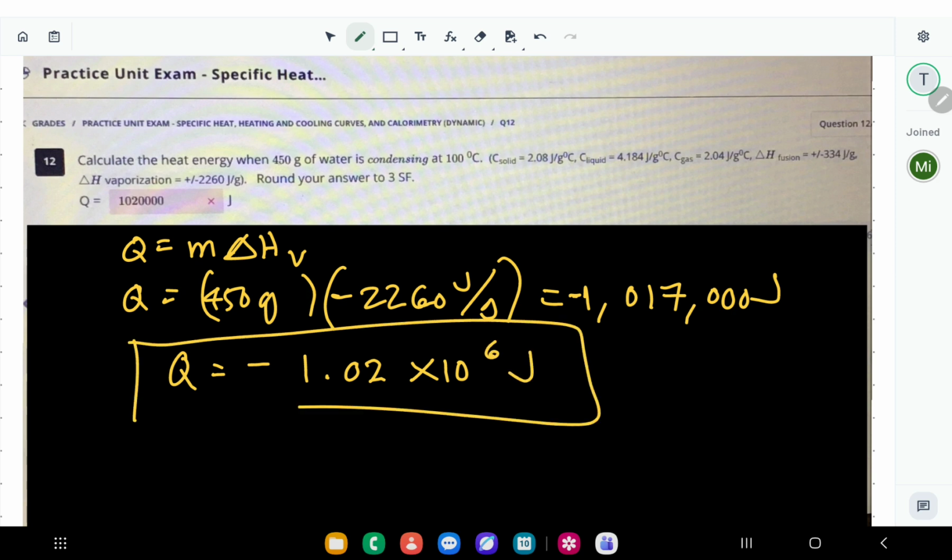So this is the answer. Compared to the previous problems that you needed to solve, because it started from solid, like say ice, to gas, of course the ice has to melt, right? Then the liquid has to evaporate. You use the heat of vaporization.